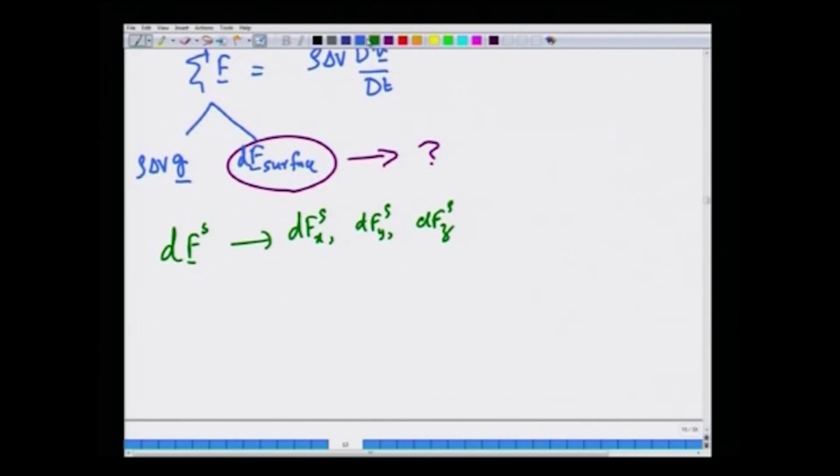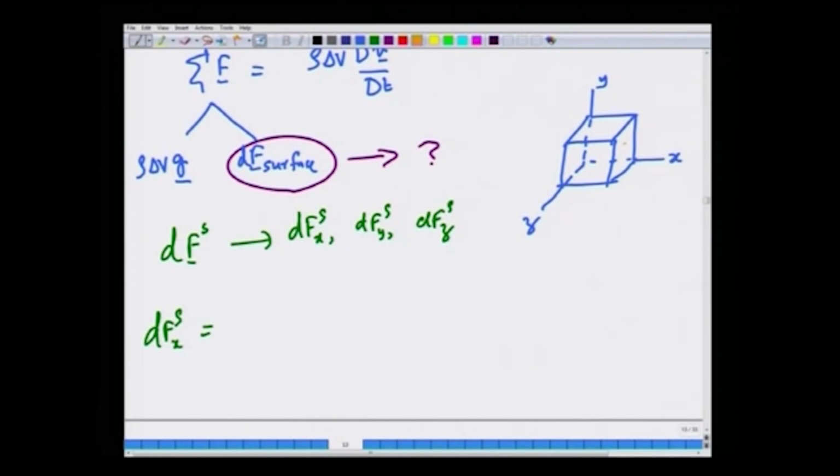So, what is dfs x? So, what we are saying is that now we are considering the force in the x direction. So, you are considering the CV. So, we have to be a little more careful about this. Okay. And if you recall, this is x, y, z, this is what we did. Now, we are going to consider all the forces in the x direction acting on the CV.